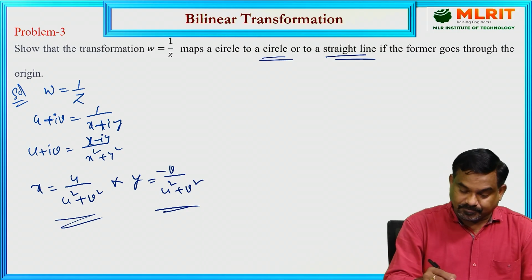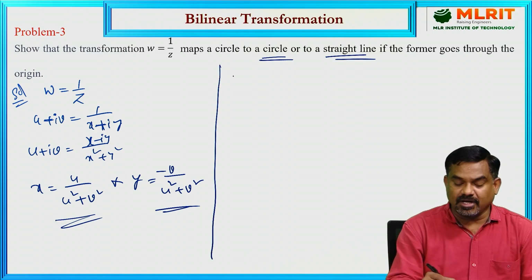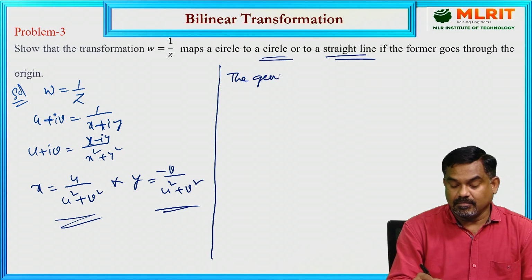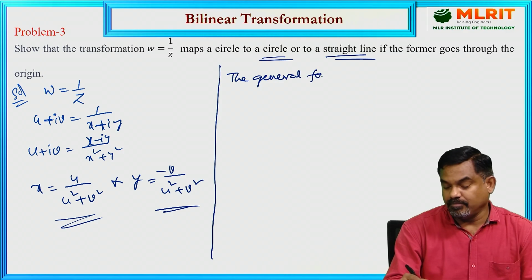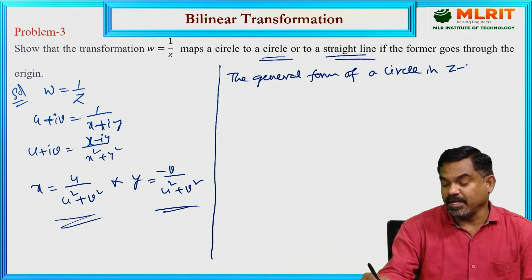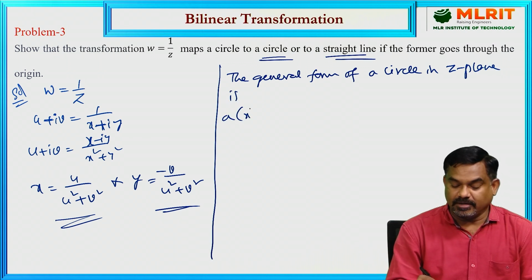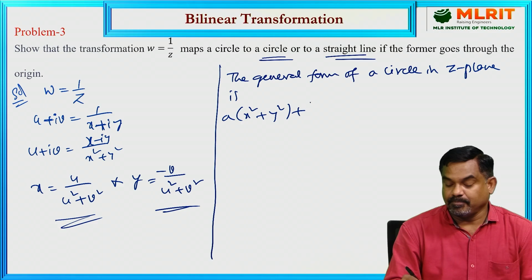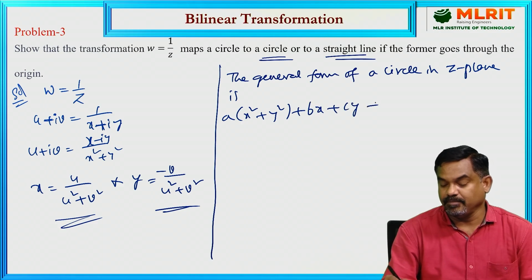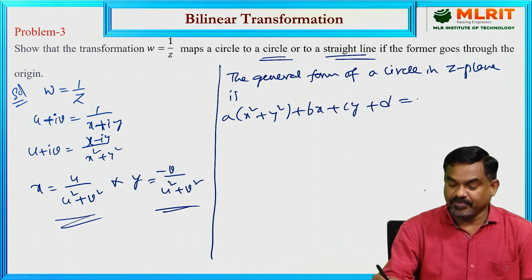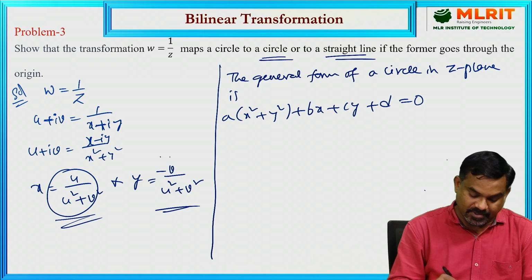And now what is the general form of a circle in Z plane? a into x square plus y square plus bx plus cy plus d equal to 0. And we have the expressions for x and y.